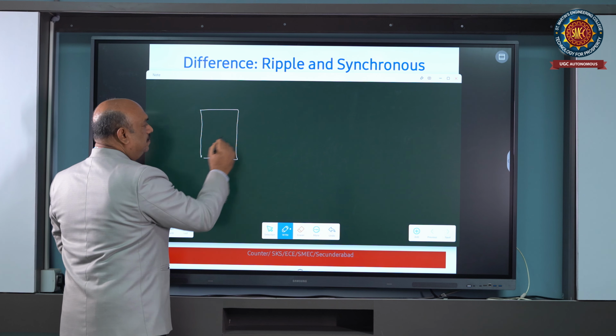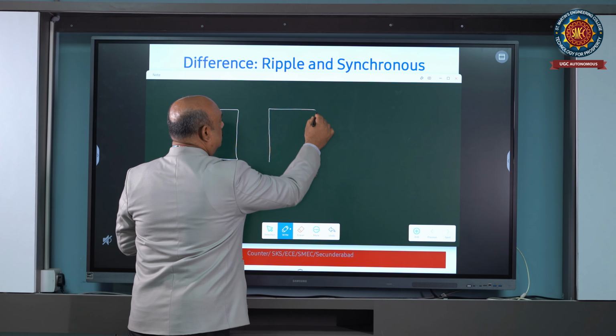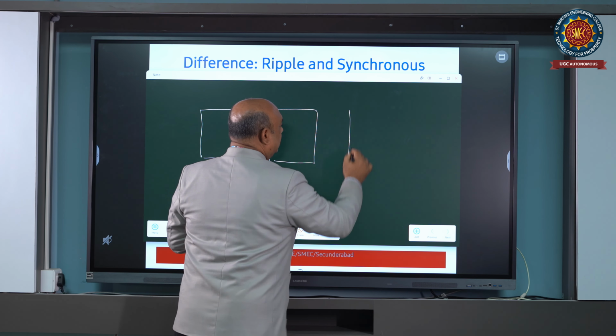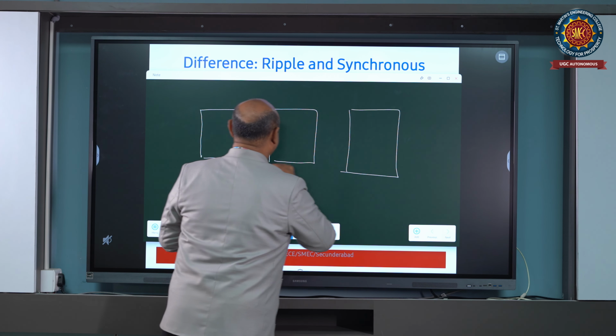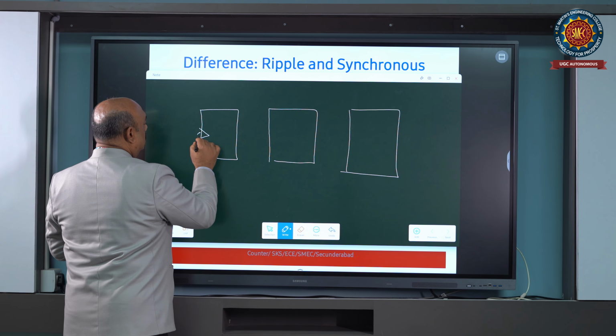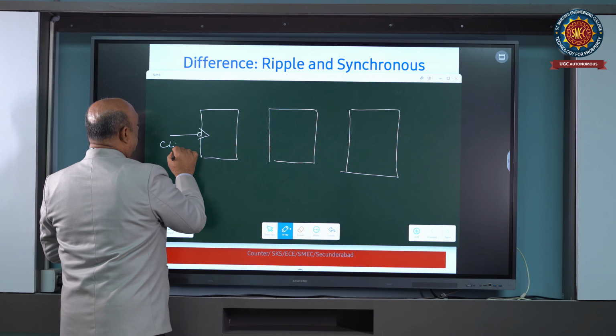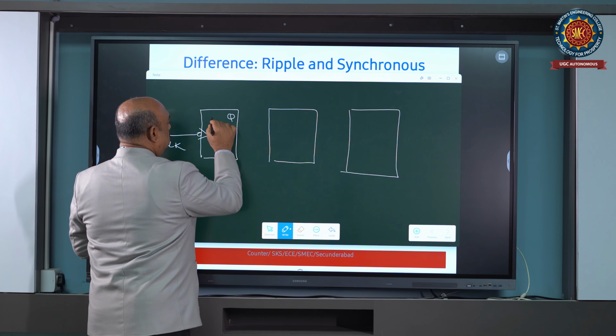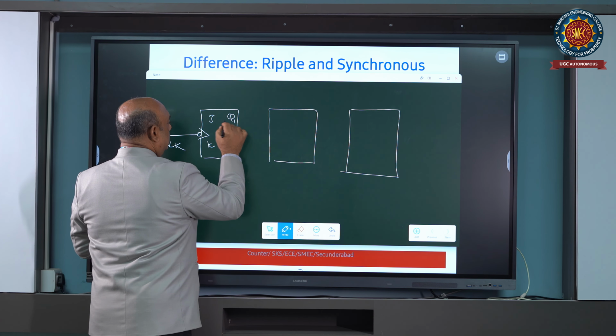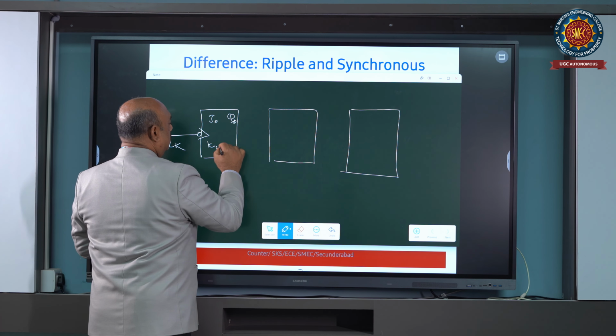Here is one flip-flop, second flip-flop, third flip-flop. I take the example of 3 flip-flops, a 3-bit counter. Here I am giving the clock pulse, with outputs J, K, Q, Q bar.